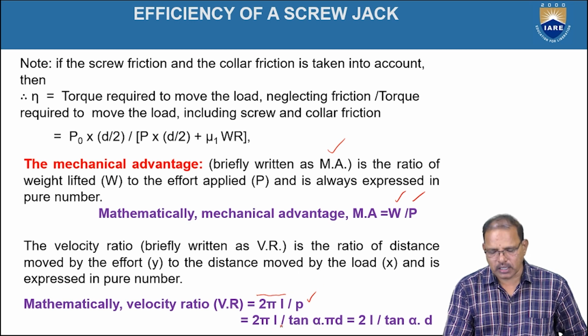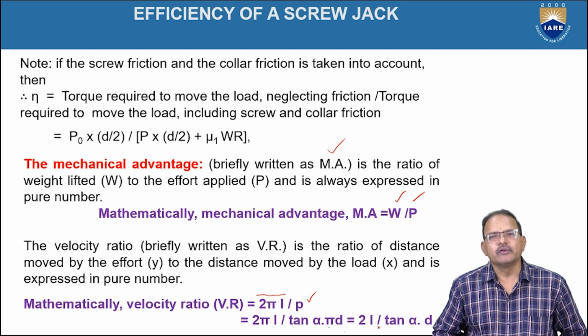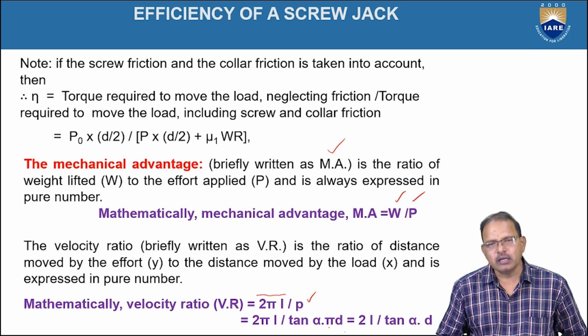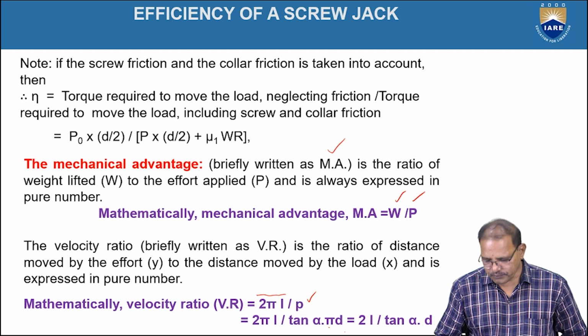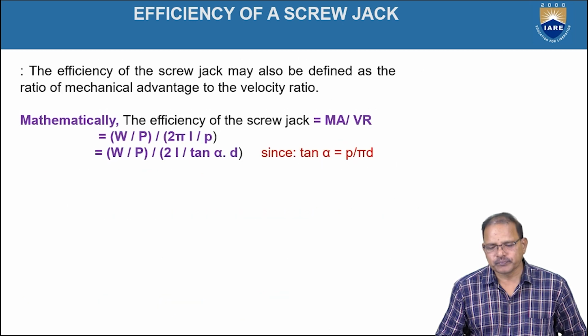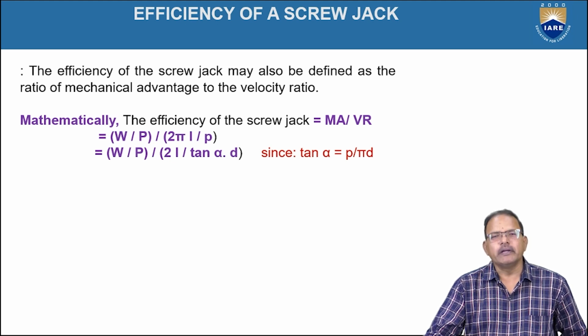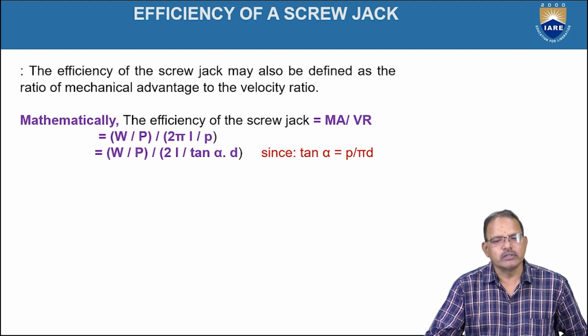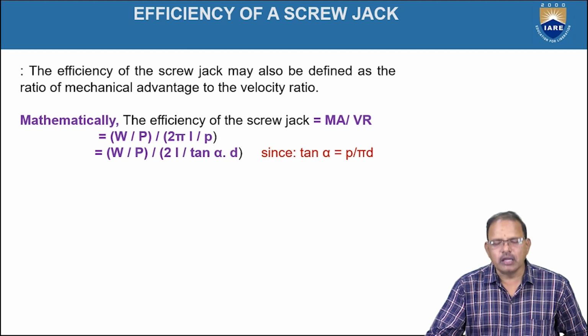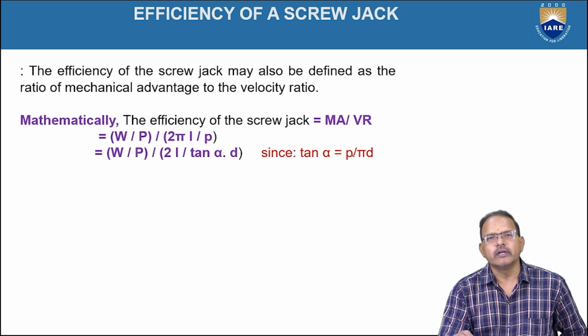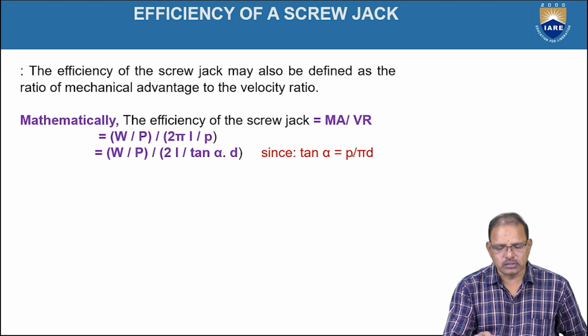Or, p is equal to tan alpha into pi d. From this relation, we get 2L divided by tan alpha into d. So, mathematically, by using the two equations, the efficiency of the screw jack is given by mechanical advantage divided by velocity ratio.